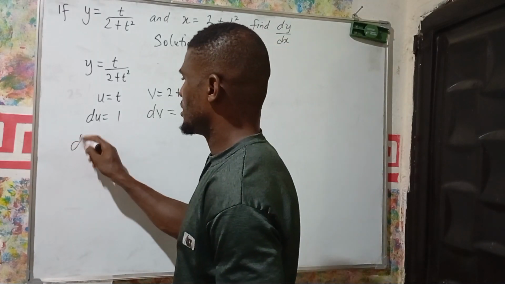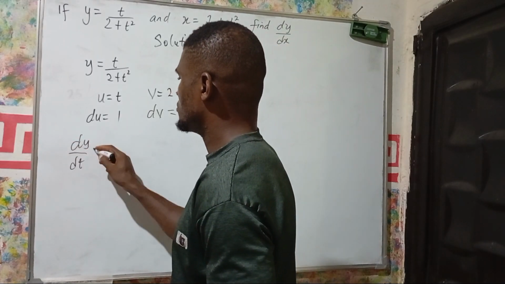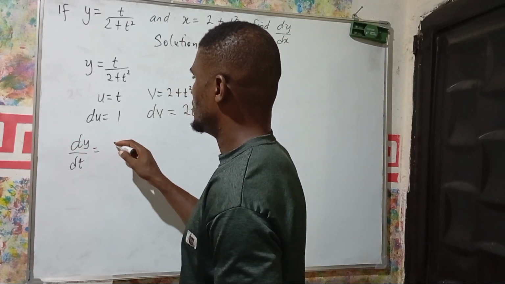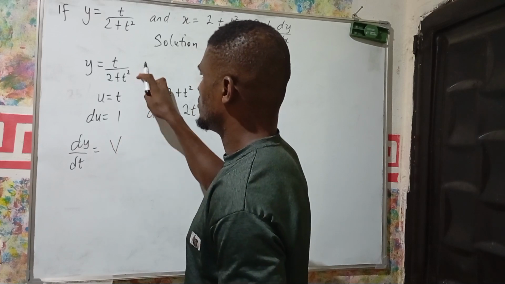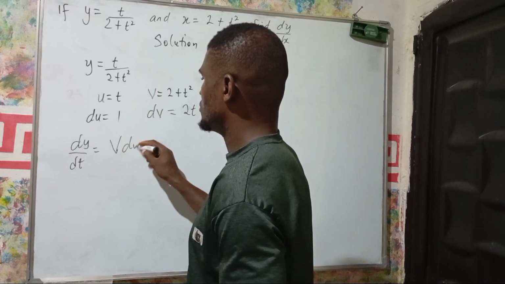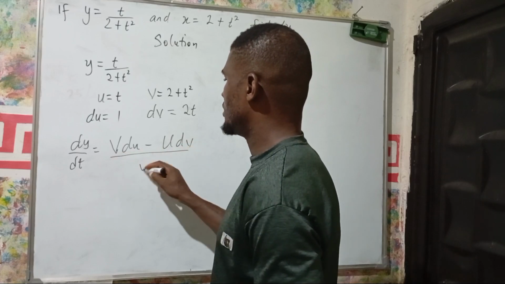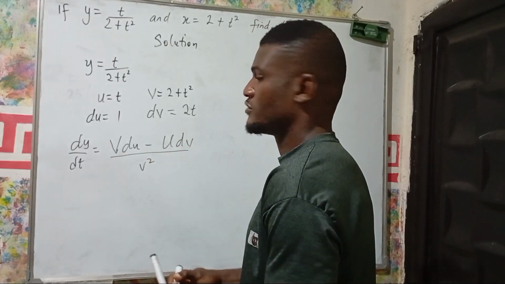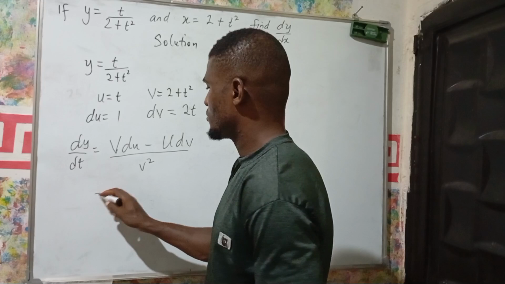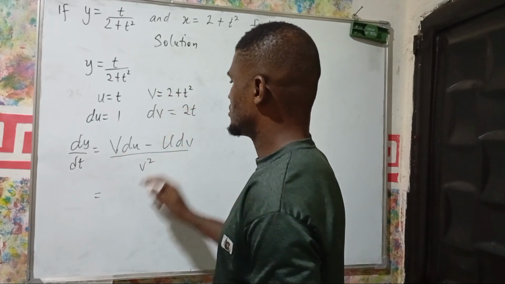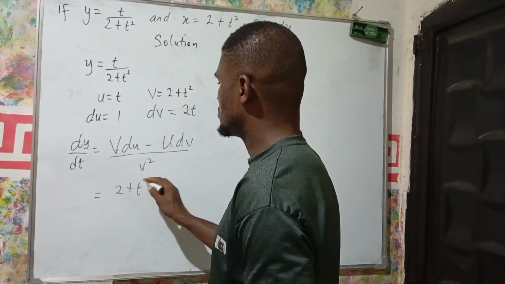Alright? And then we now apply the quotient formula. Applying the quotient formula here, dy/dt would be equal to v du minus u dv all over v squared, and that's the formula. And so our v is 2 plus t squared.